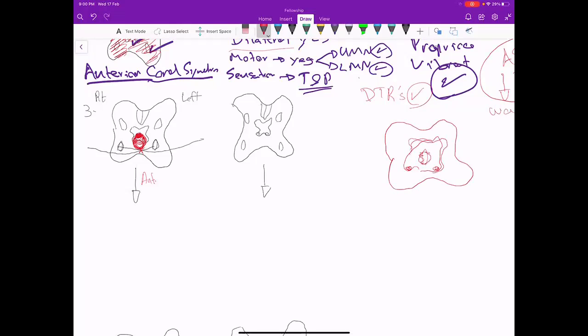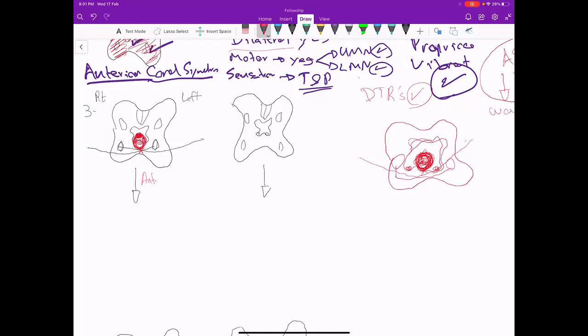This is your central canal. As the central canal starts to grow, it will not touch the ventral horns. But over here right away is where you have the anterior commissure, which is where the spinothalamic tract decussates to the other side. So actually the ventral horns are not affected. I apologize, my drawing is horrible.